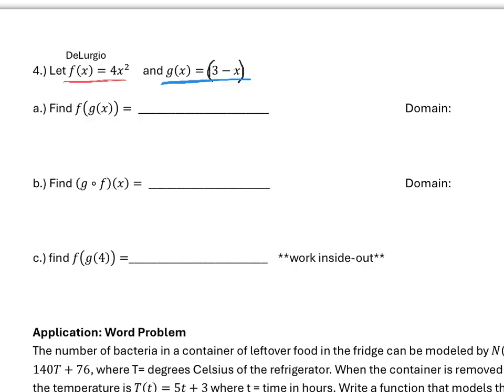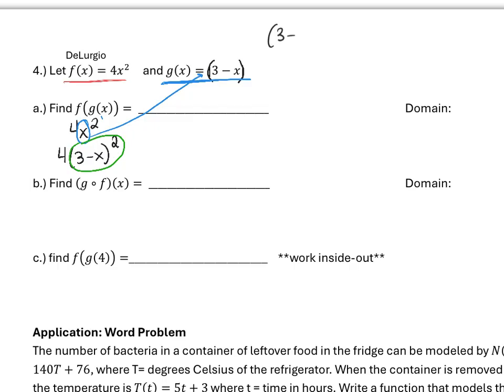First it says find f of g of x, and we're going to start with f of x, which is 4x squared, and there we are going to plug in g of x where we see the x. So we're going to get 4 times (3 minus x) squared. And then we need to keep going. Order of operations says I have to square this binomial first.